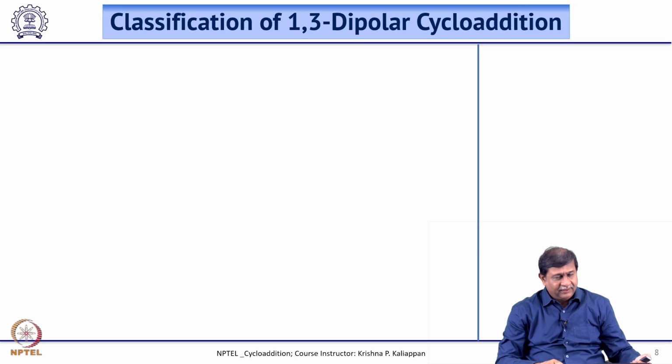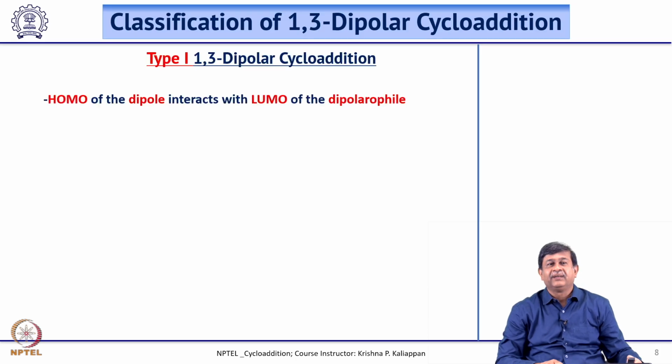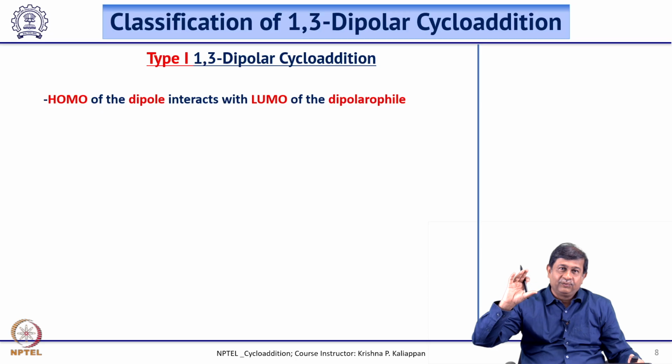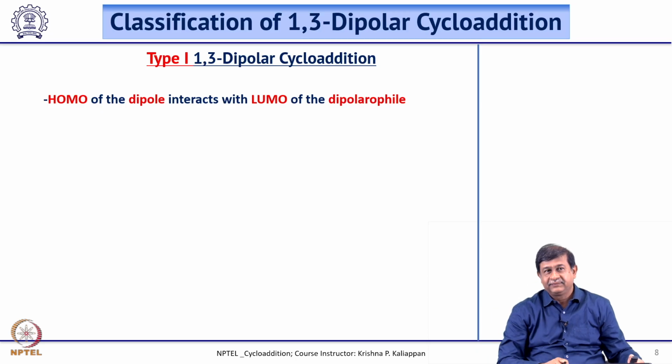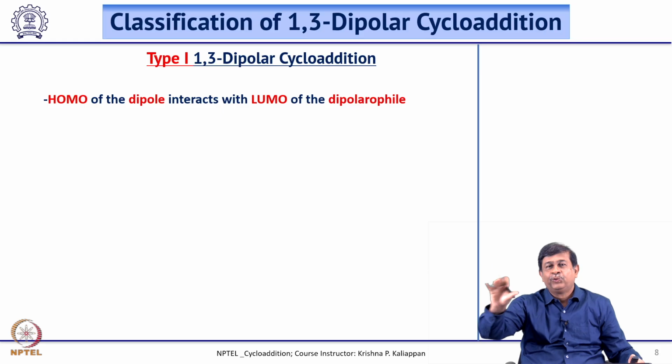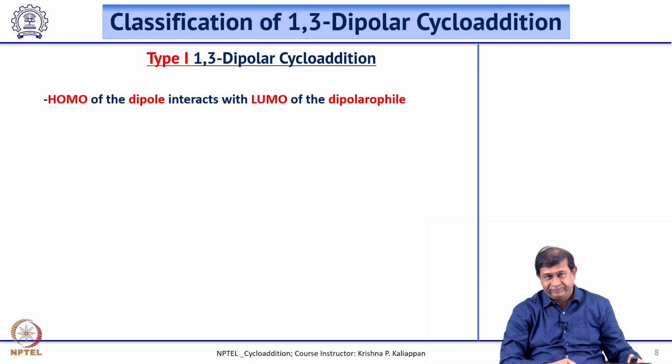Now, like 4+2 cycloaddition reaction, 1,3-dipolar cycloaddition can be further classified. So, there are 3 types of 1,3-dipolar cycloaddition. Type 1, in this case, like normal 4+2 cycloaddition reaction, the HOMO of the dipole interacts with LUMO of the dipolarophile.